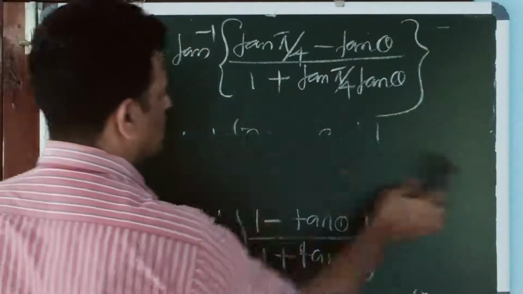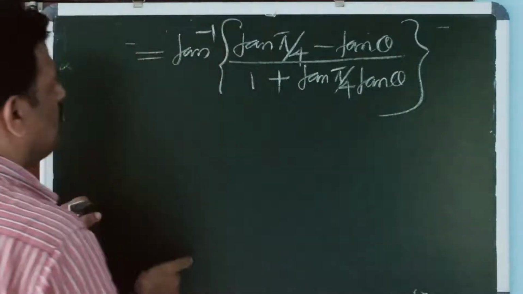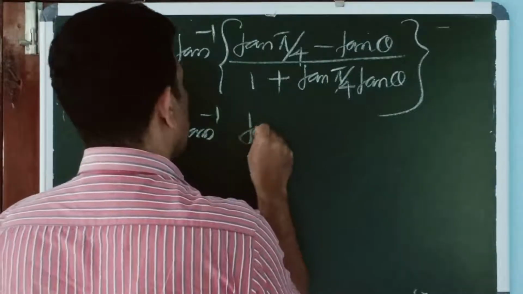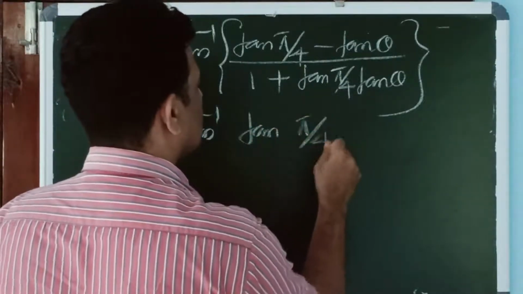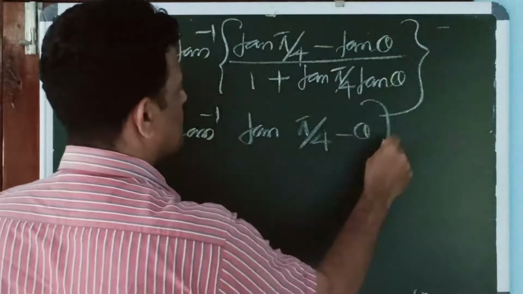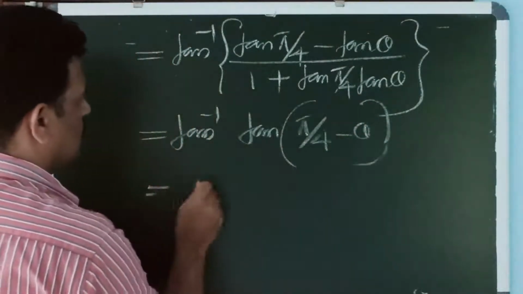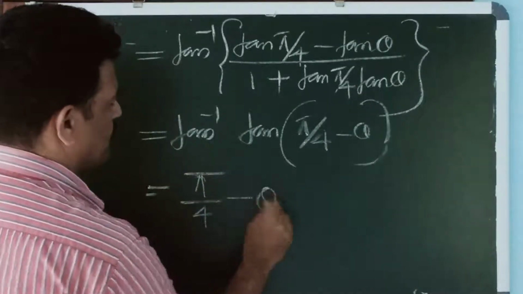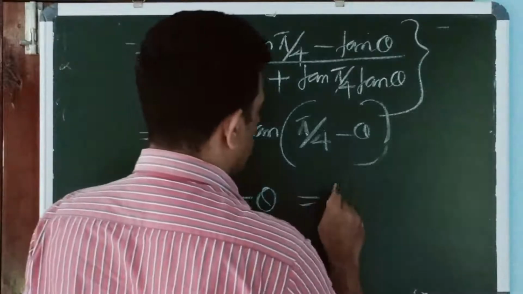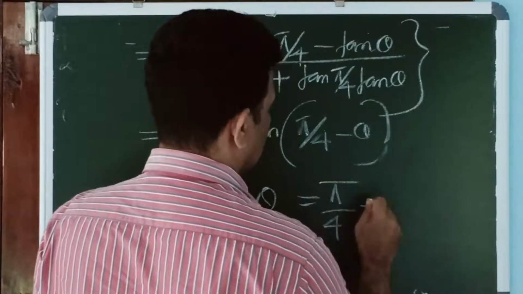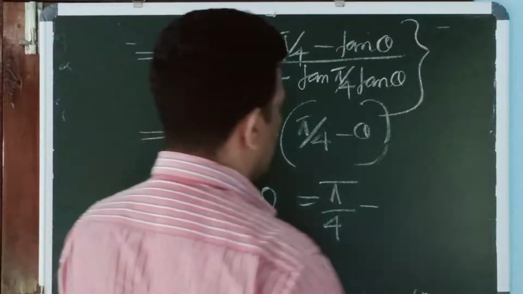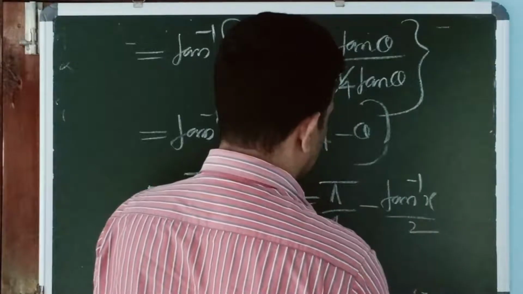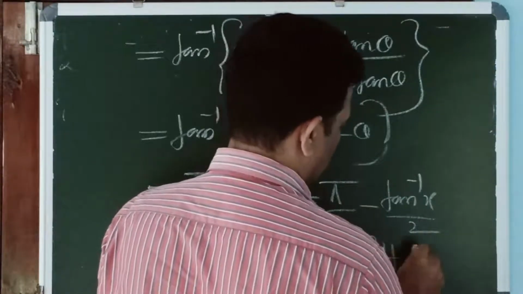That is equal to tan inverse of tan of (pi by 4 minus theta). That is equal to pi by 4 minus theta, which can be tan inverse x divided by 2. That is the right hand side of the problem.